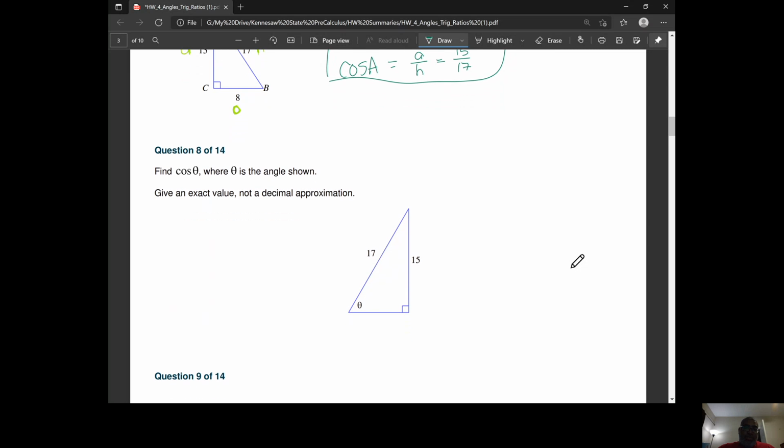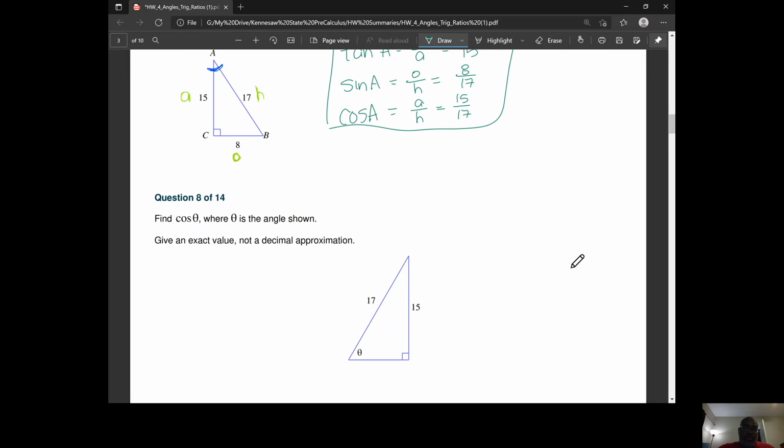All right, so we are going to cheat a little bit. We see in this triangle we're trying to find theta. We want to find the cosine of theta. We have the opposite and we have the hypotenuse. We need the adjacent.